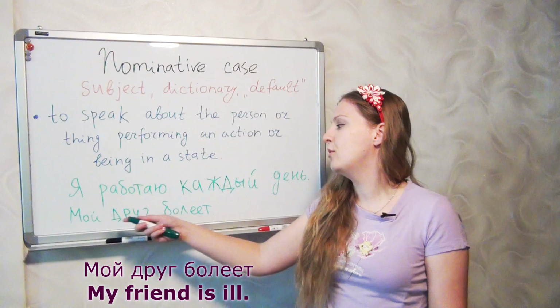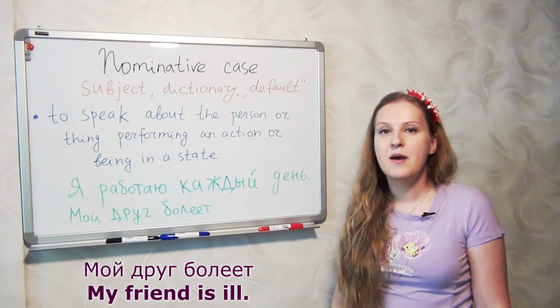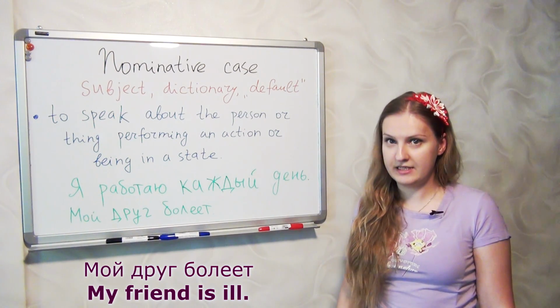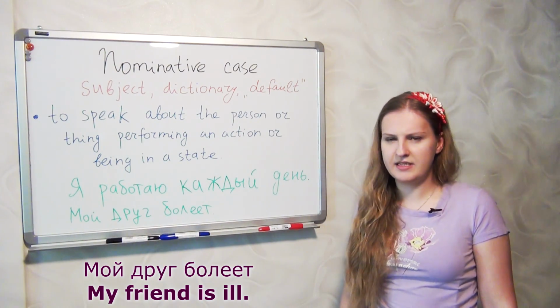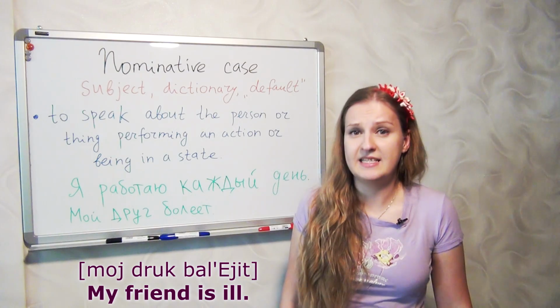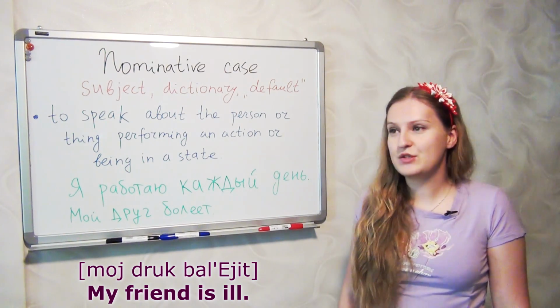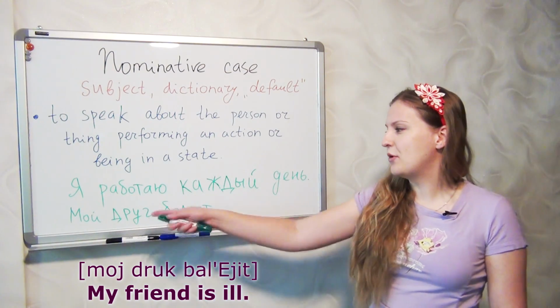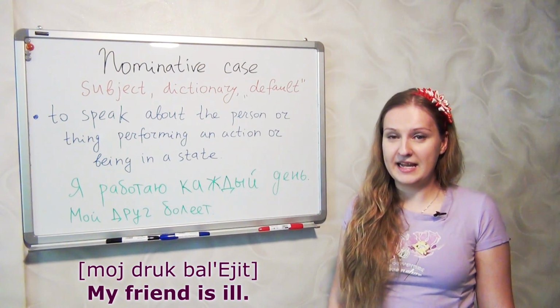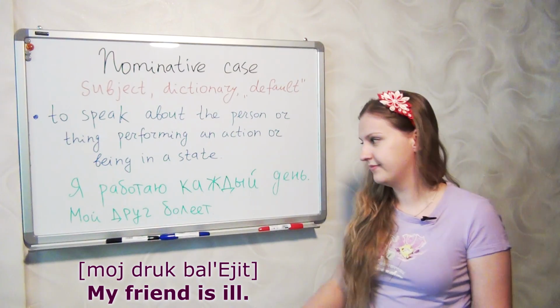The second example, мой друг болеет. My friend is sick or ill. I'm not saying that he is sick and doing some nasty stuff. No, we are just talking about diseases and illnesses. So, мой друг болеет. My friend is ill.